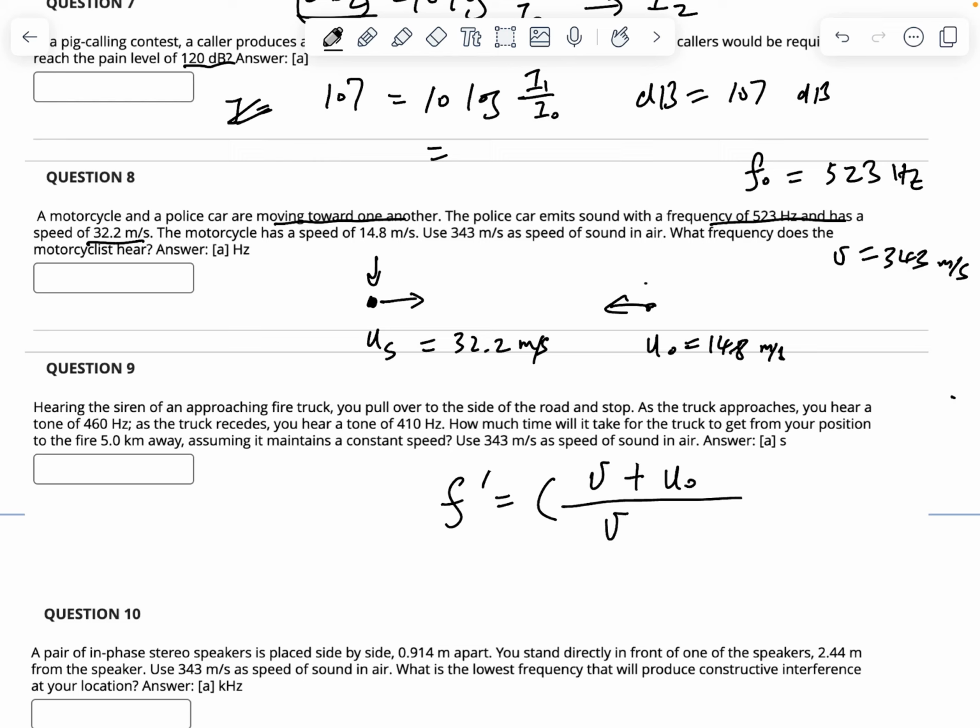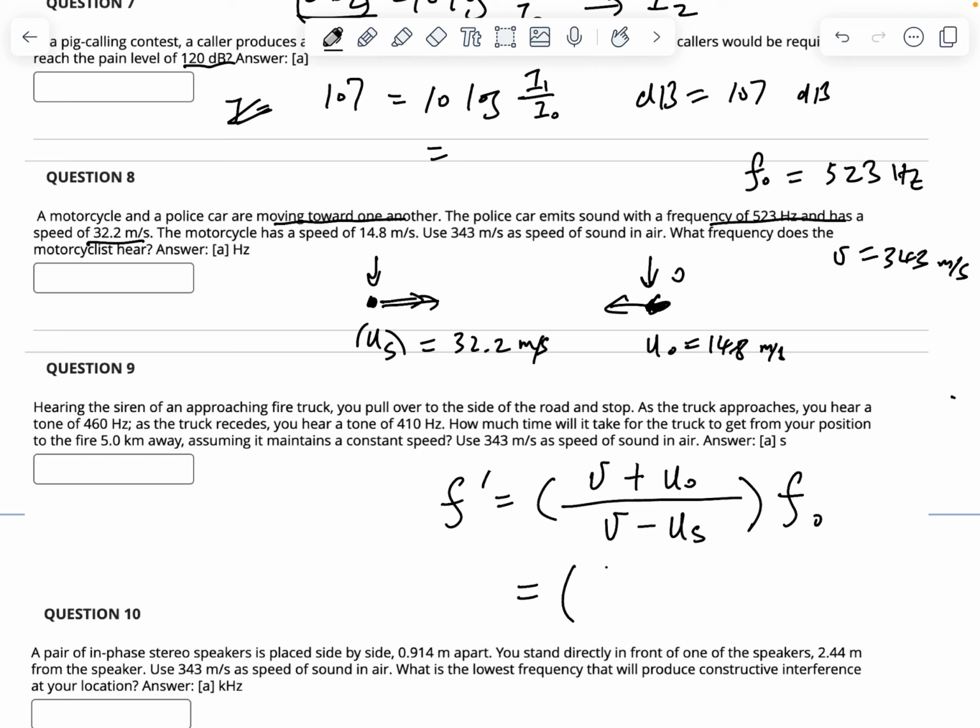Now for the source, consider the observer at rest and the source moving towards: you also get more frequency, so you have to make the bottom part minus US, making the whole thing larger. Then times F0.